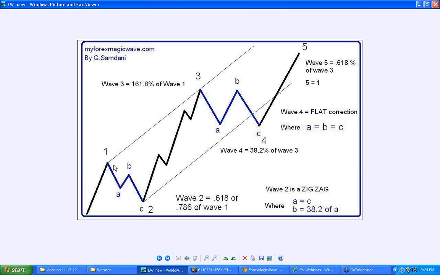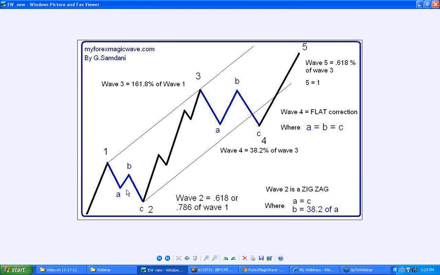And if somehow wave 2 makes a flat, then most likely wave 4 will be a sharp decline as a zigzag, which is very unlikely, but that happens. It's a rule of alternation. If one does this, the other is going to do the opposite, right? Zigzag, then triangle, triangle, then zigzag.